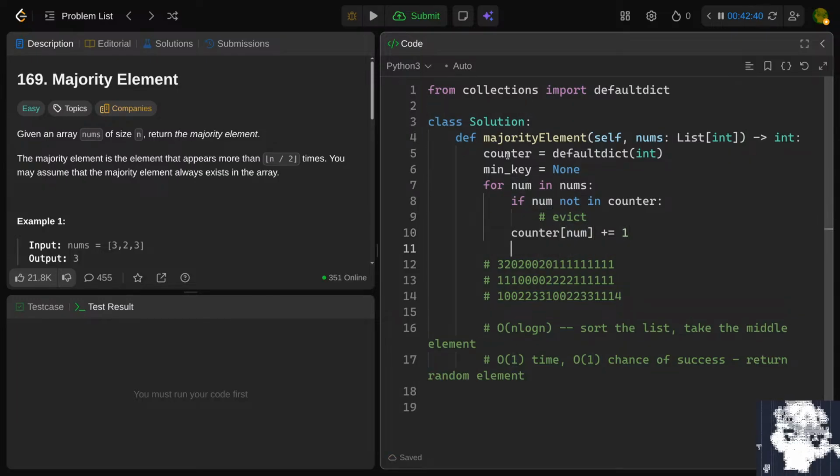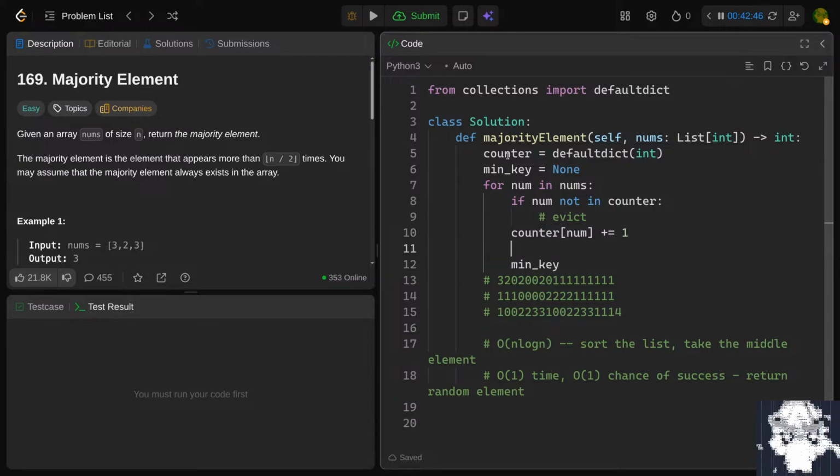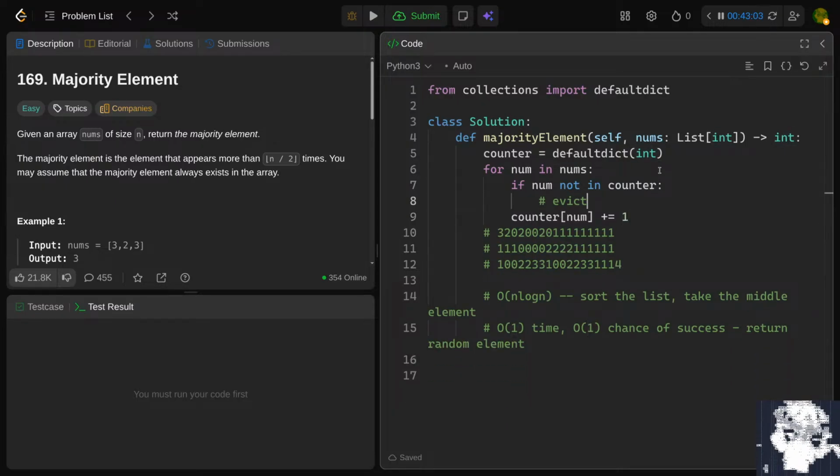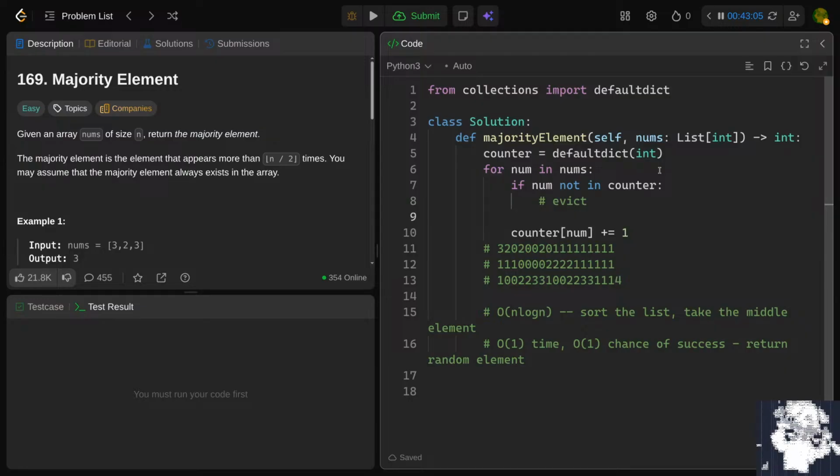So increase that, and then min key if counter of num is less. Wait, that's not how this would only let you keep the max key. So we do have to figure out the min key on the fly. So how do you evict?